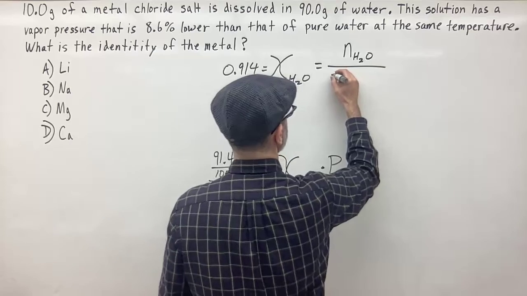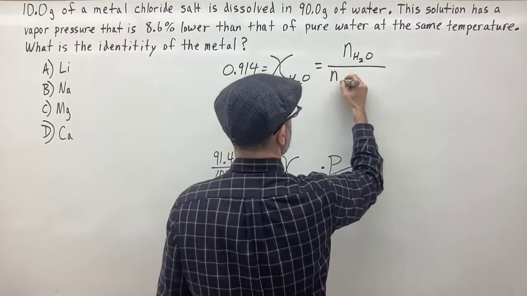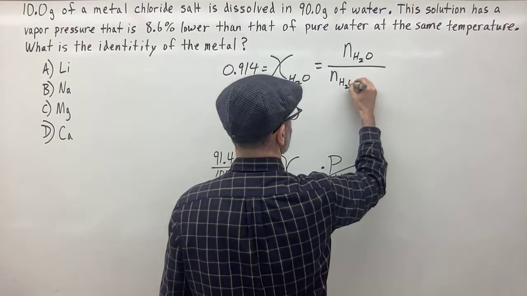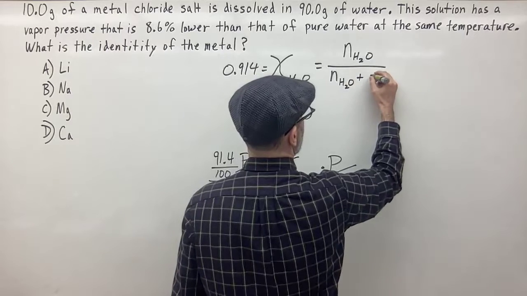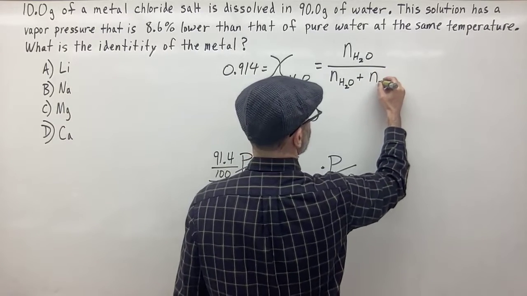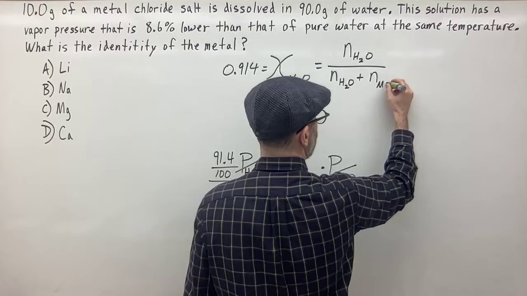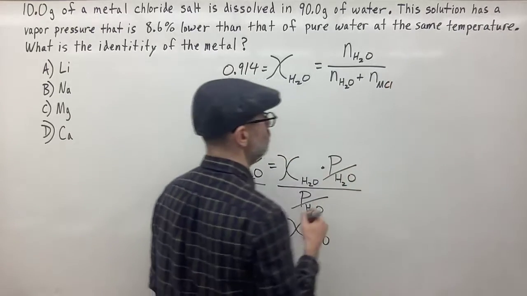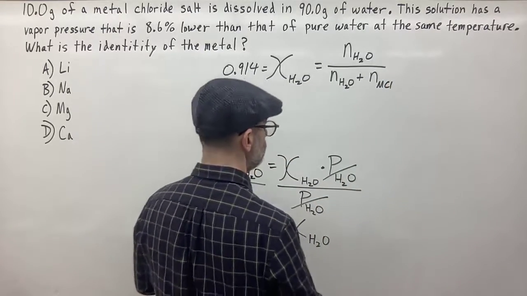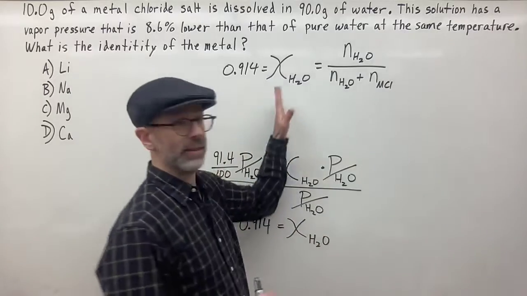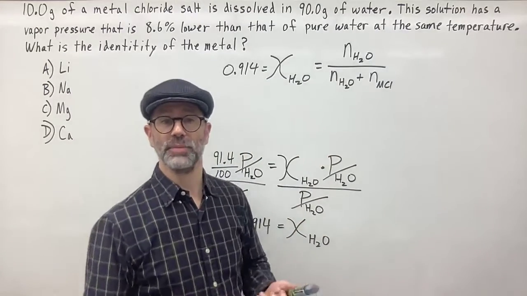So it's going to be N of water, the moles of water, plus the moles of the metal chloride, MCl. Okay, so then this is the relationship that we have now.